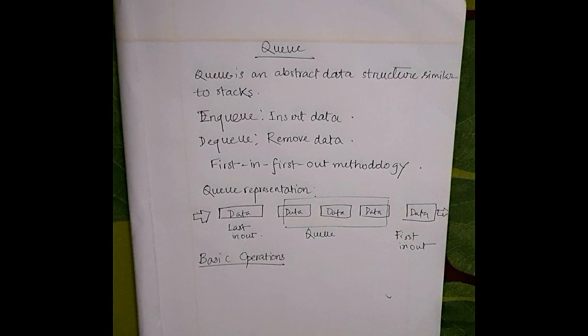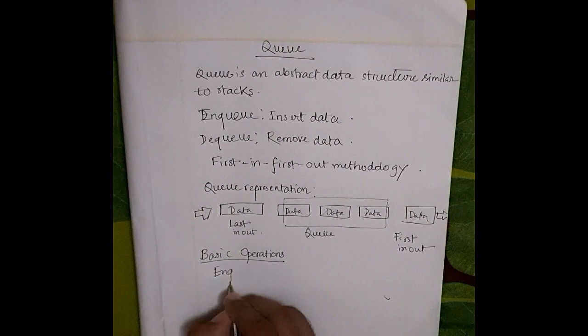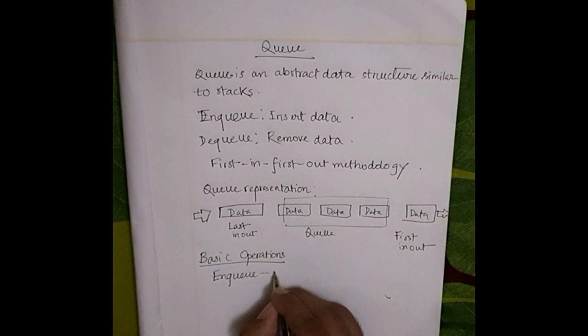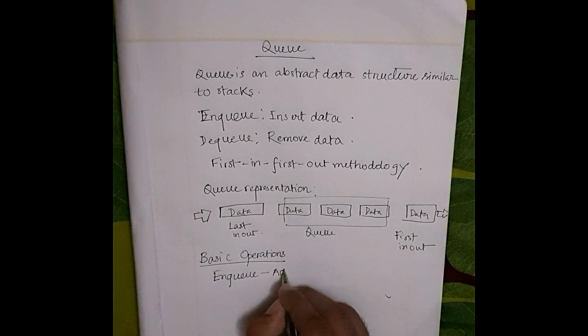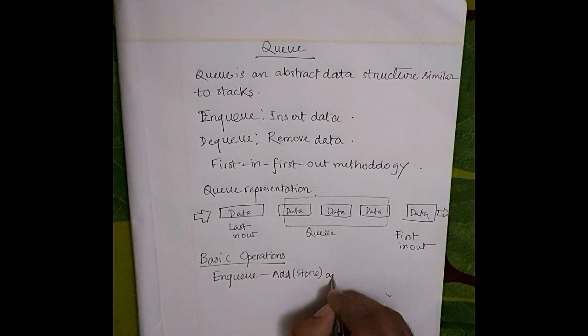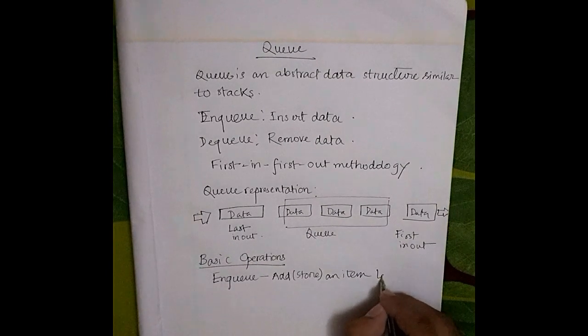So here we shall try to understand the basic operations associated with queues. Let's first talk about enqueue. It adds, or you can say stores, an item to the queue.